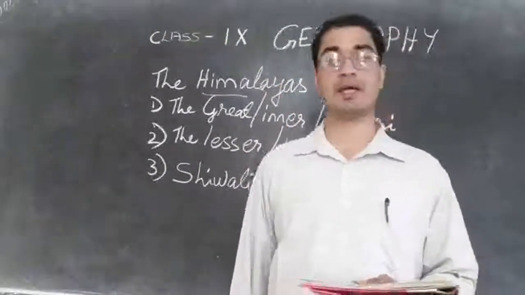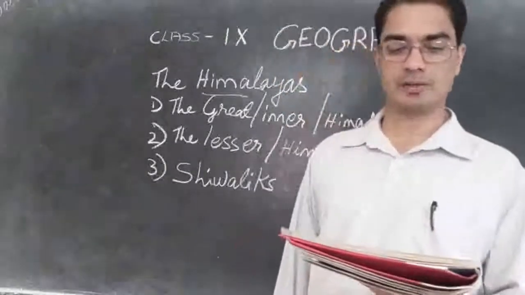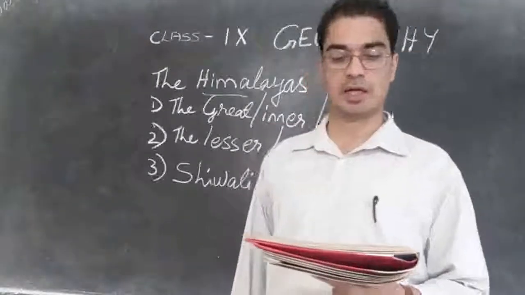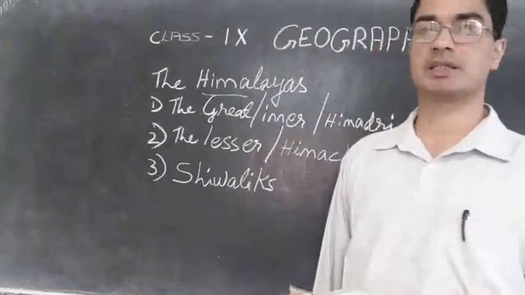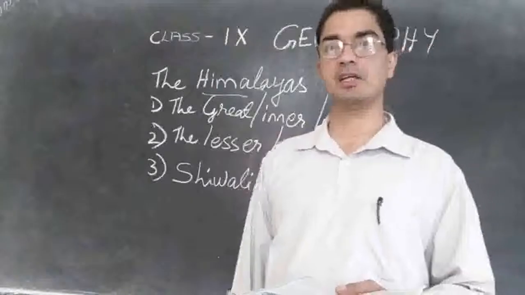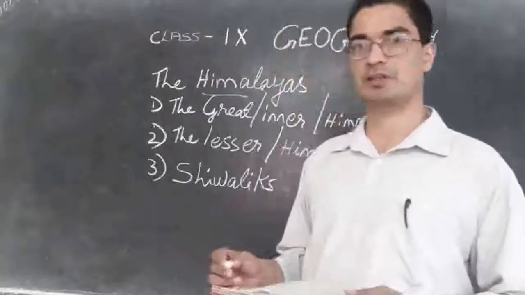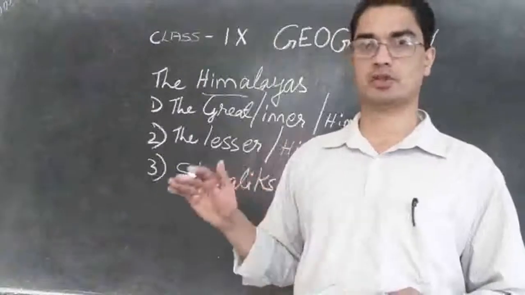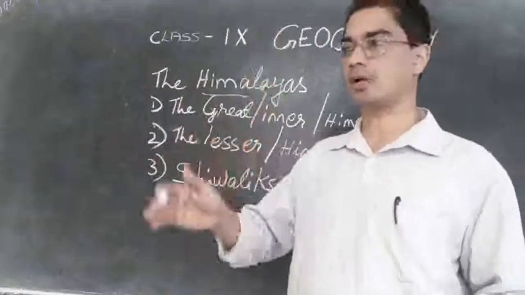The range lying south of the Himadri forms the most rugged mountain system and is known as Himachal or Lesser Himalaya. So the speciality of this second range is that it is the most rugged. Rugged means not level, not smooth, always up and down.